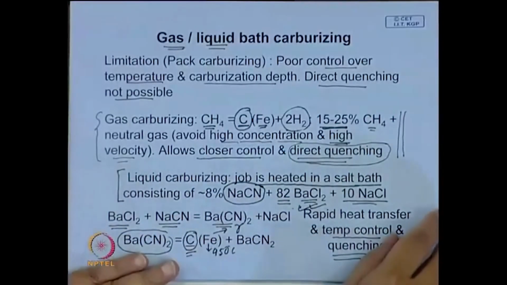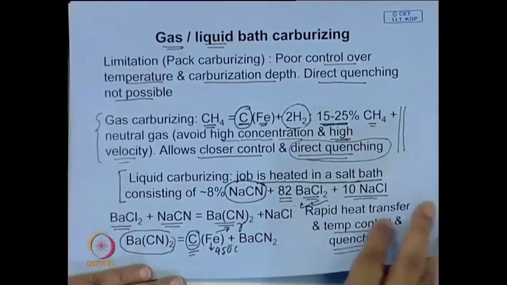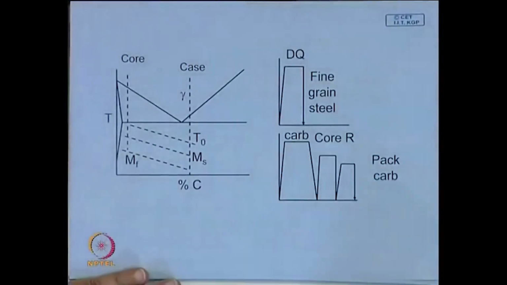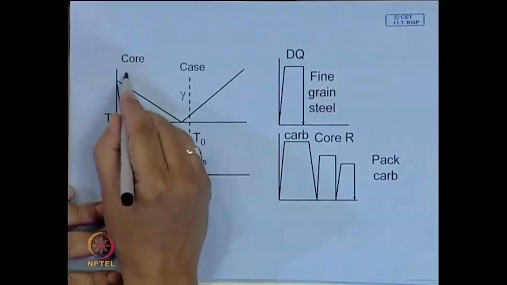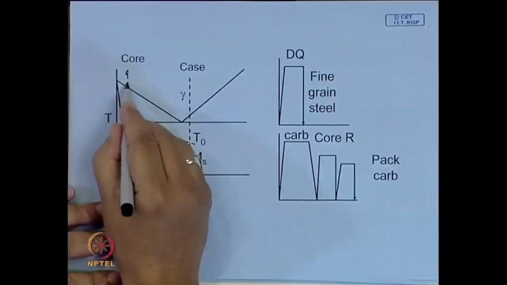Therefore, this method has become very popular. But now the problem comes up: when you do carburizing, you are heating to a relatively higher temperature, much above the normal heat treatment temperature, which is around here.